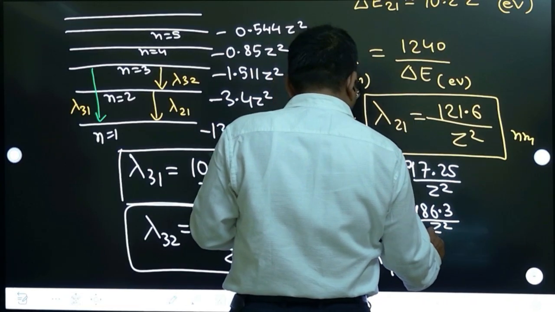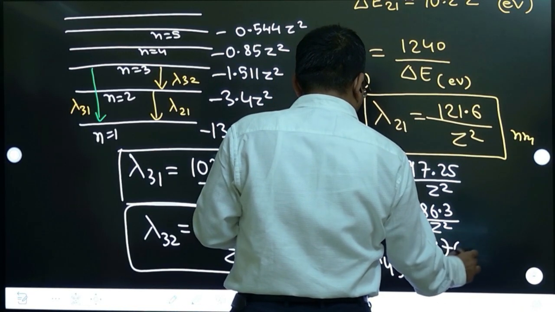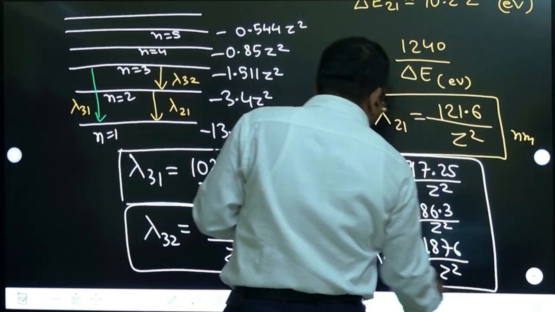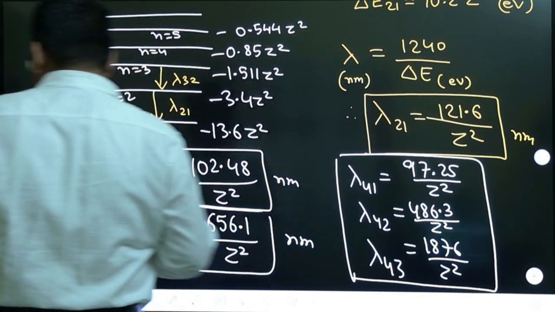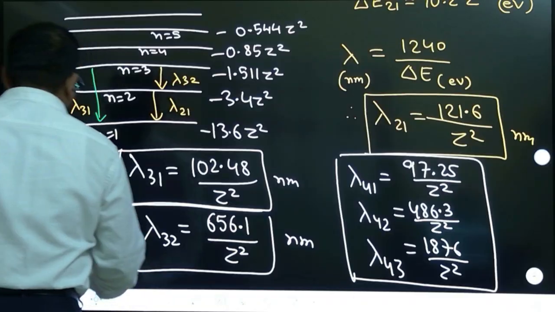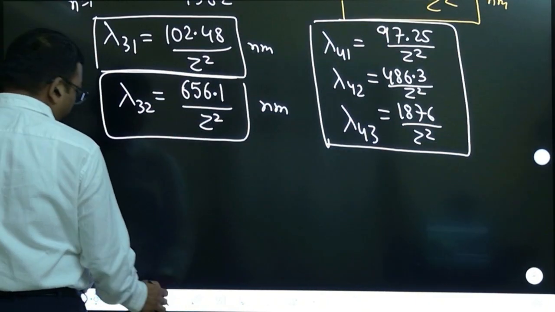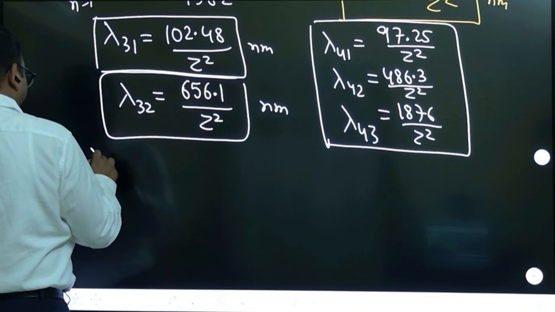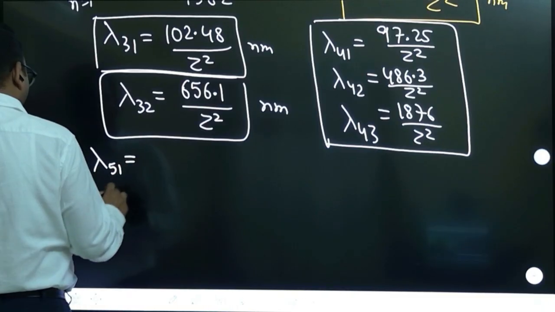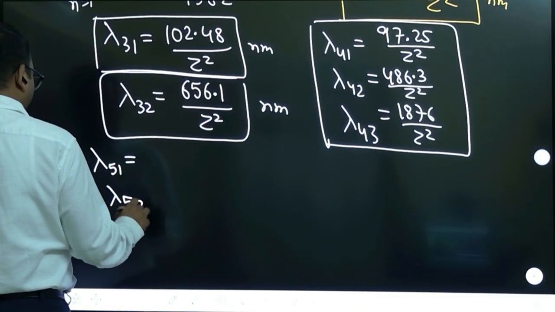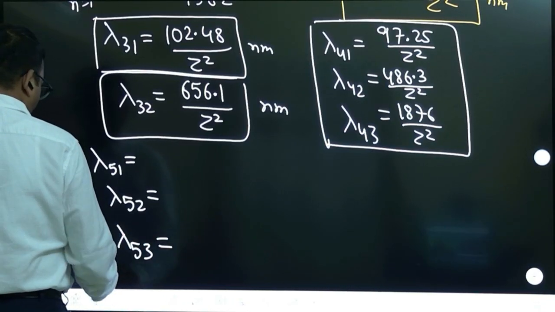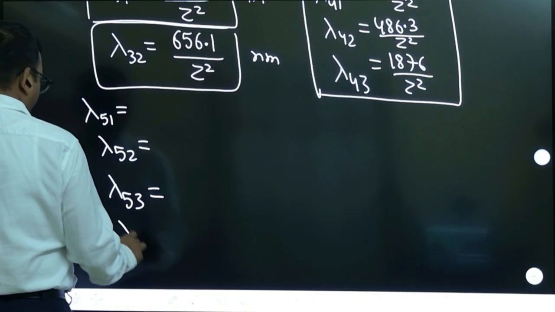Lambda 4 3 is 1876 by Z square. Mug up all of these to solve questions fast. There is no other way. Then lambda 5 1, lambda 5 2, lambda 5 3, lambda 5 4. Mug up.